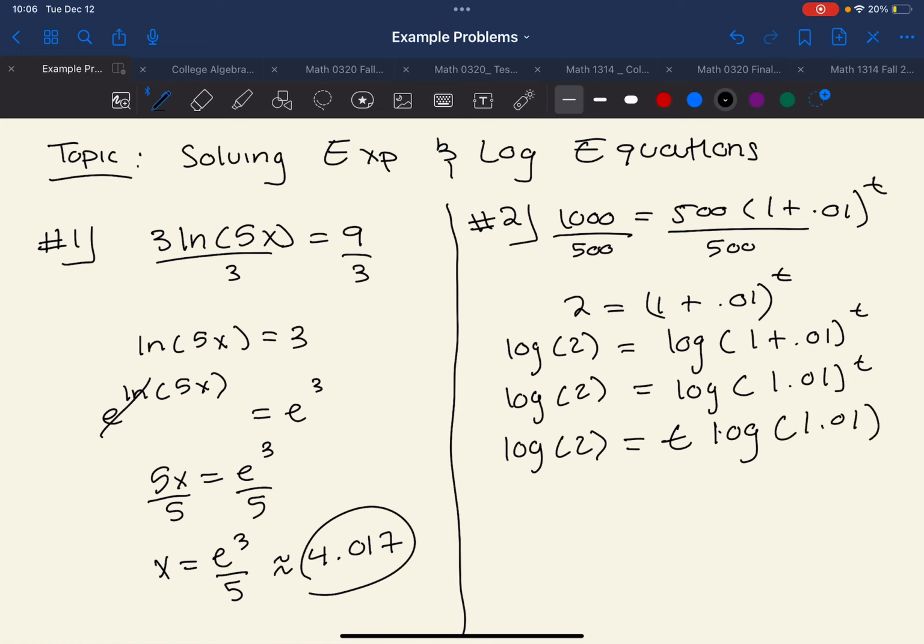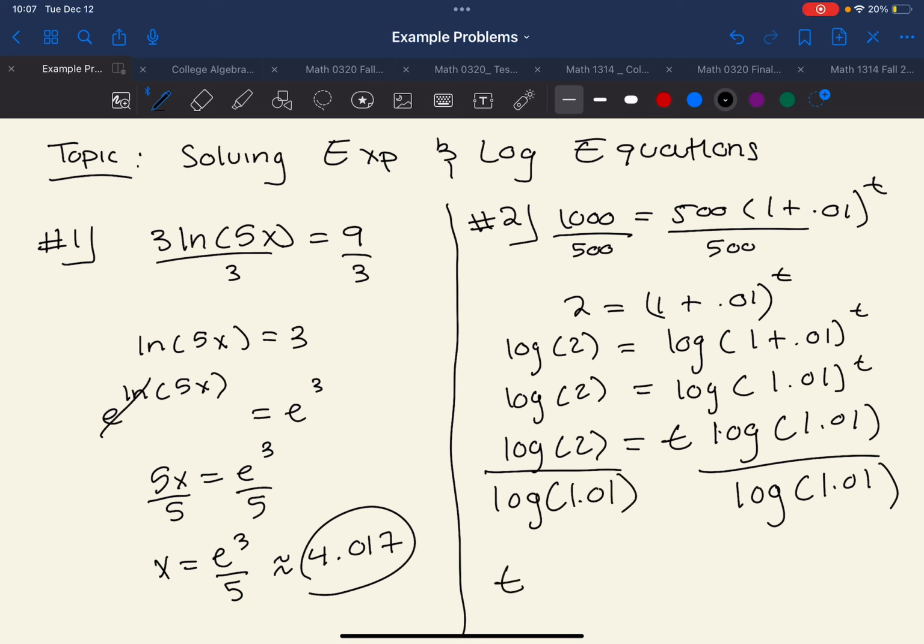Okay. And then in order to solve for t, we're going to divide both sides by log 1.01. And we get t is equal to log of 2 divided by log of 1.01, which we can simplify on our calculator.